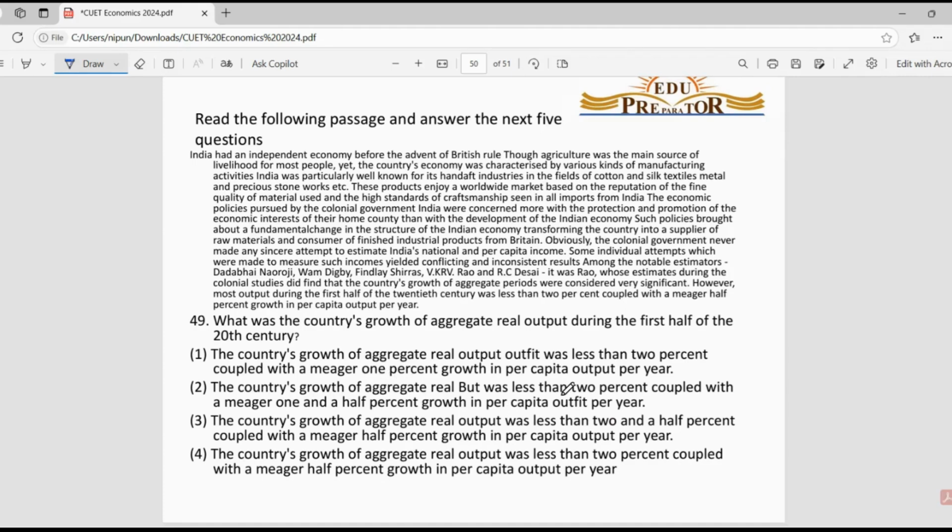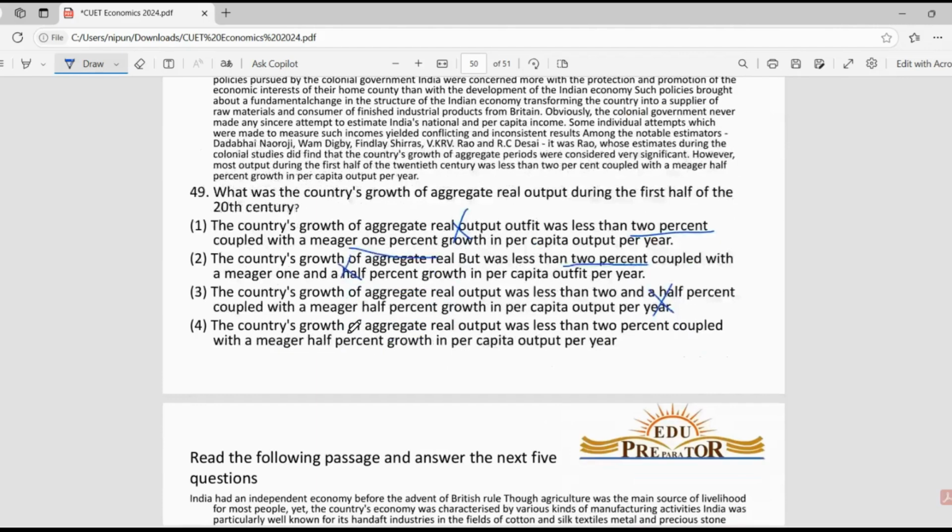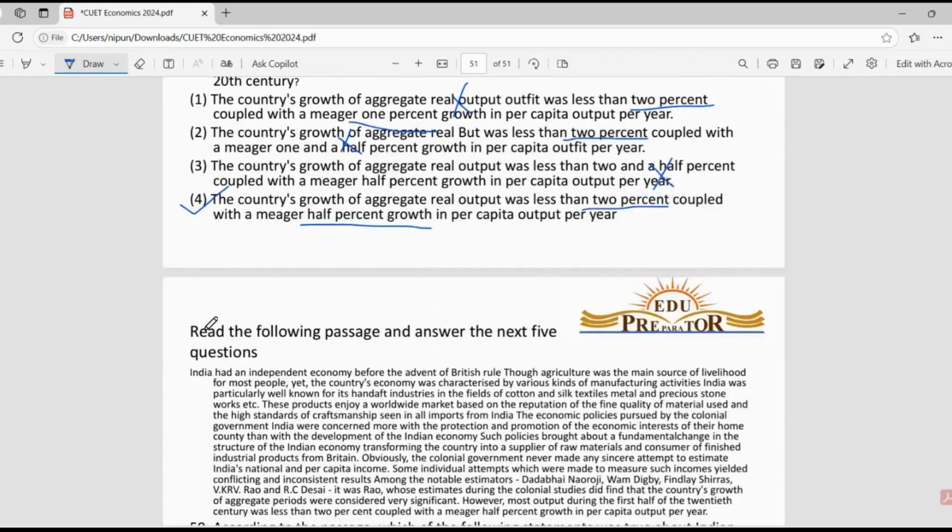Where is it written? Less than 2% coupled with 1.5%. No. Less than 2% coupled with 1%. No. Less than 2.5%. No. So less than 2% coupled with meager 0.5% growth. Yes. Option number 4 is correct.